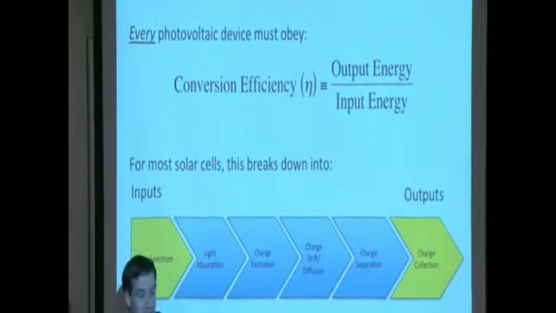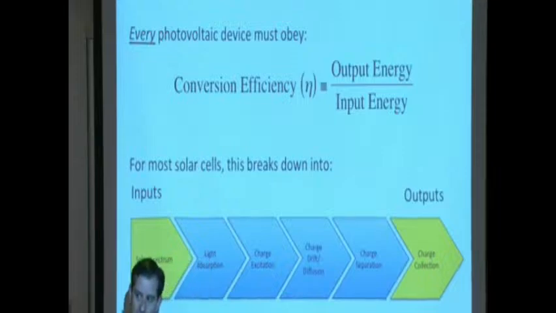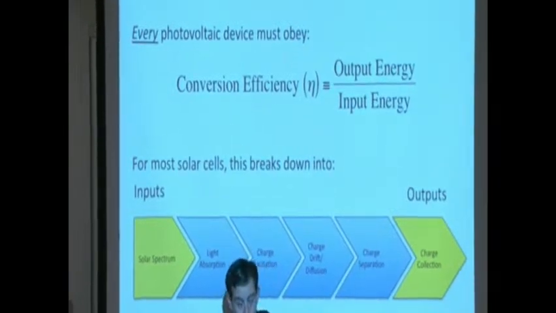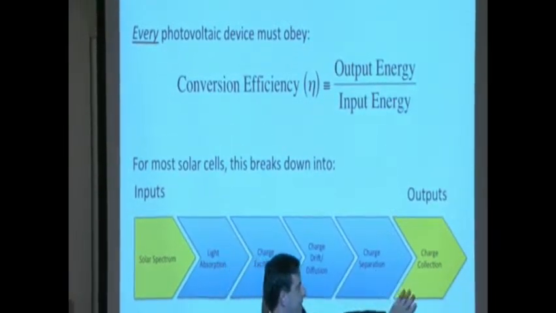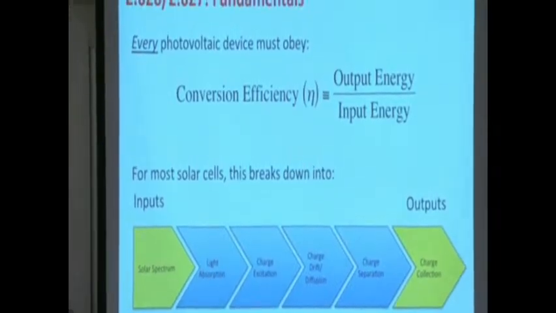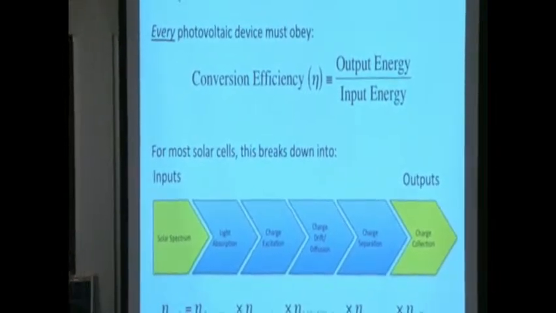Then we have to excite charge within the material. Then that charge has to move around inside of the material to get to the metallic contacts on the front side. Charge separation has to occur for there to be a voltage. And finally, the charge collection process. And so the total efficiency of this device is the product of each of these individual processes.